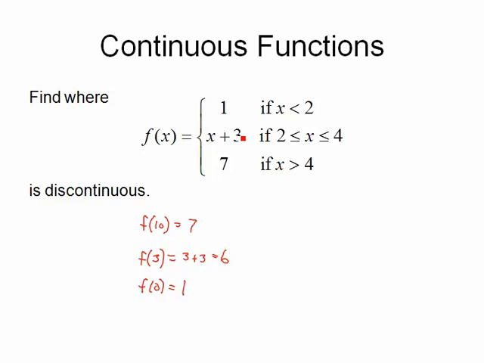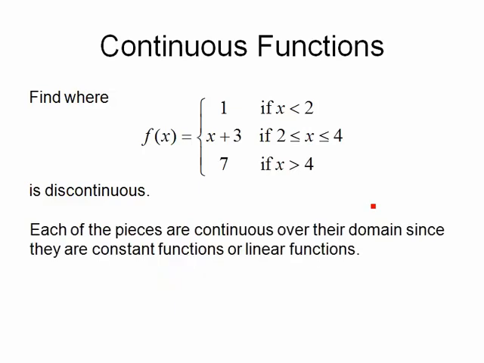X plus 3 is a straight line with a slope of 1 and an intercept of 3. And 7 is another constant function, that's a horizontal line. Each one of those individually is a continuous function, but at 2 and at 4, do they all connect up? If they do, well then that means it's continuous. If they don't, well then we have some points of discontinuity.